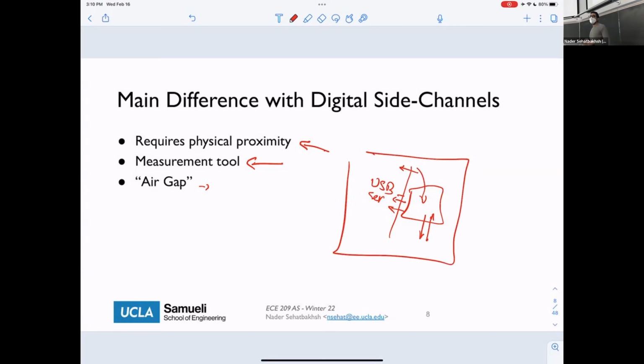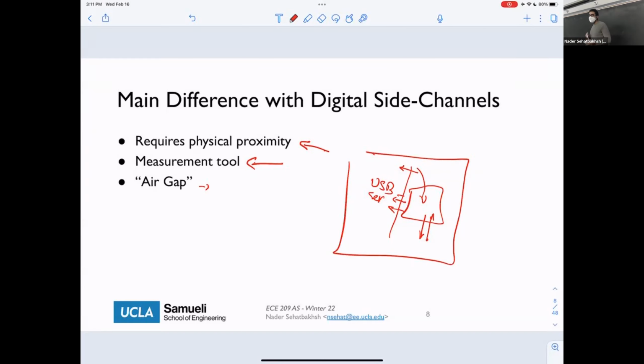This is a very safe way of making sure that the device is not subject to things like digital side channels, because even if, for example, an attacker managed to get into the device, any communication to the outside world would be blocked. All right, so that's one of the ways to secure systems.